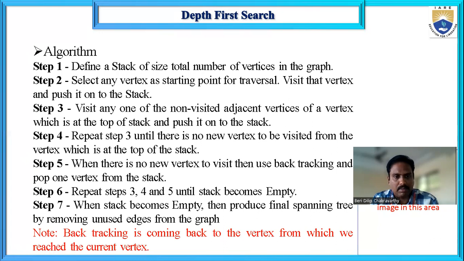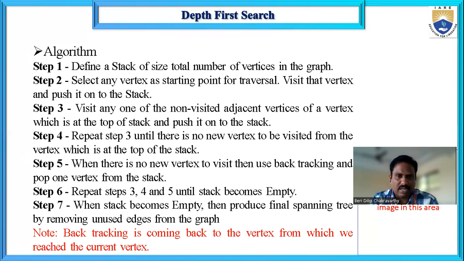We are repeating steps 3, 4, 5, adding the adjacent vertices until a new node is found. If no new nodes are there, we are popping the element from the stack.